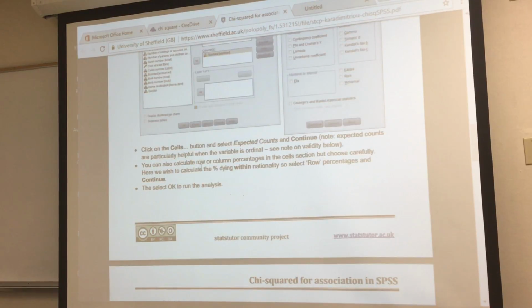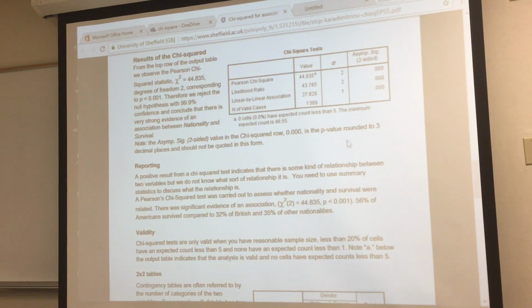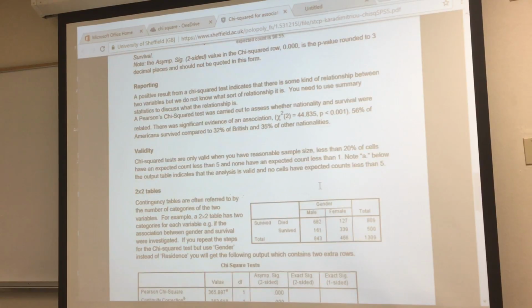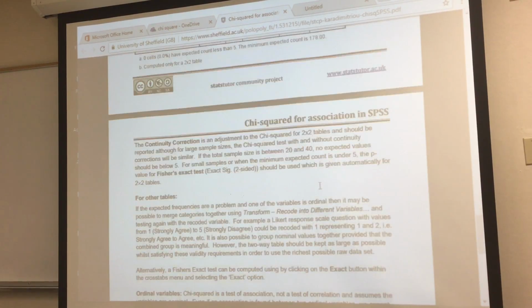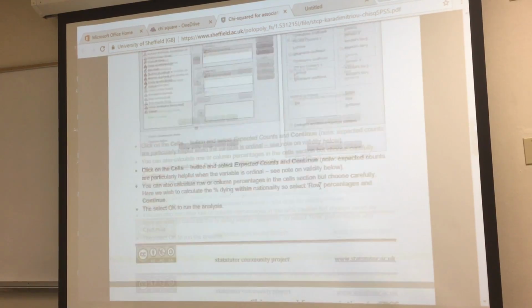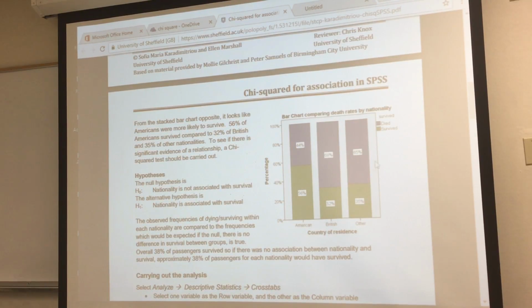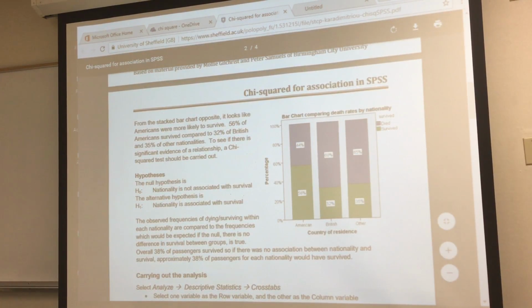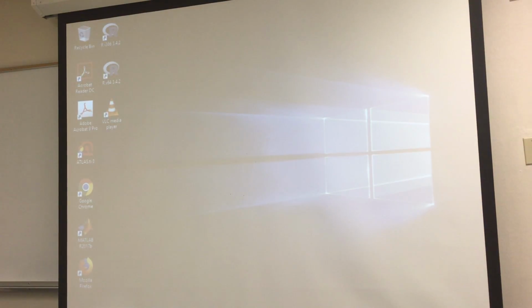It tells you what to set up, and you can see the results. It also tells you how to report the chi-square results, and also how to draw a graph for the chi-square test.